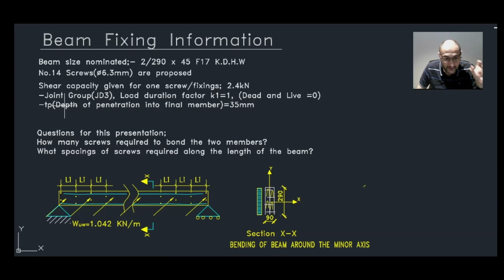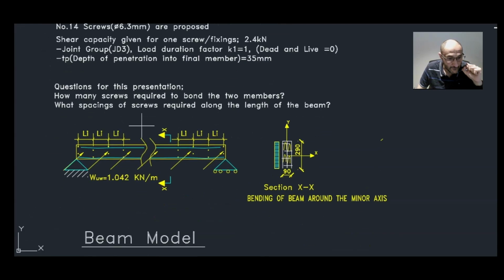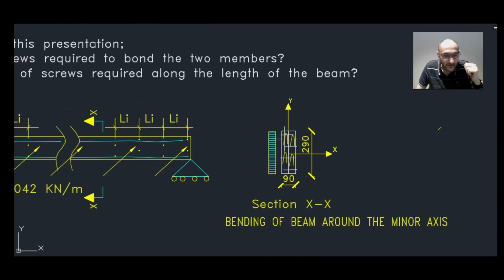And also the depth of penetration into the final member is 35 millimeters. So we're going to be using screws, and that depth into the second member will be a minimum of 35 millimeters. So the question for this presentation is how many screws are required to bond the two members, and what spacing of screws is required along the length of the beam.